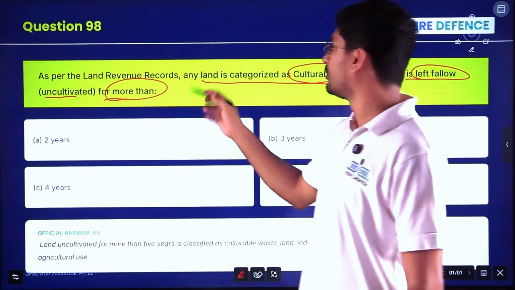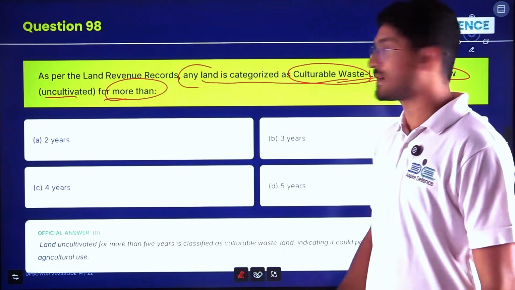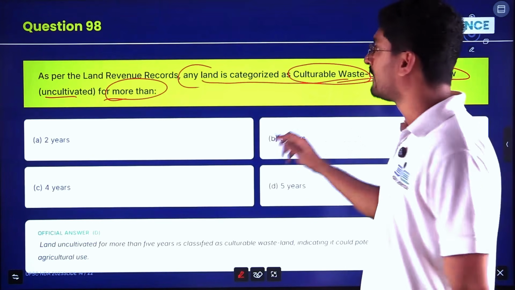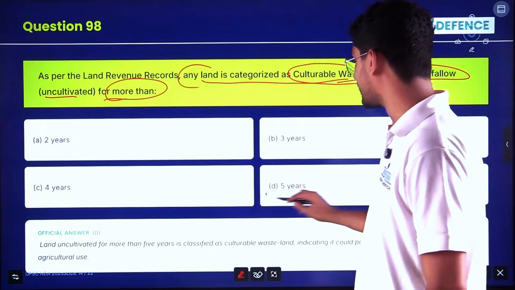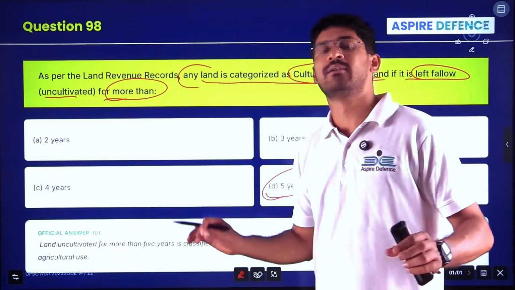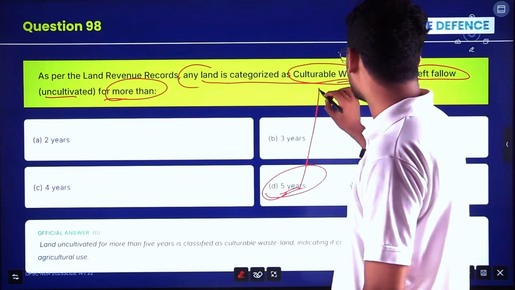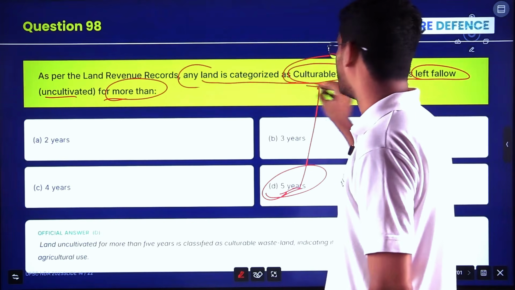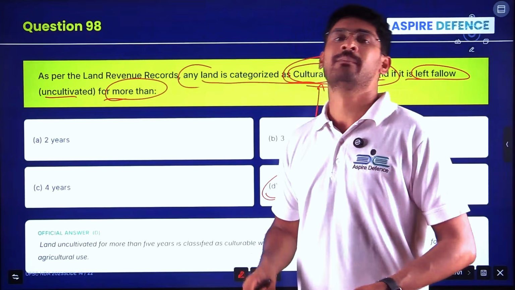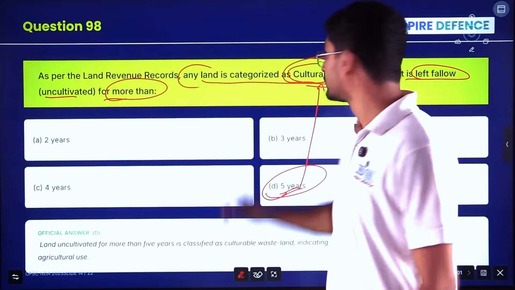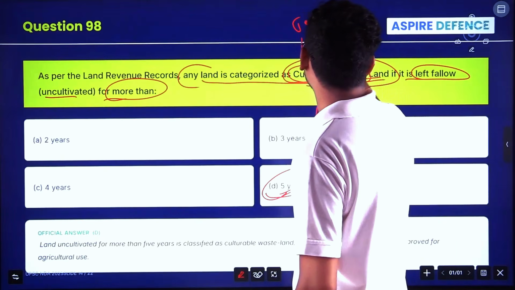If it is left fallow for more than 5 years, if no crop is grown for more than 5 years, it will be considered culturable wasteland. That is, you can do farming, but it has been left to waste.